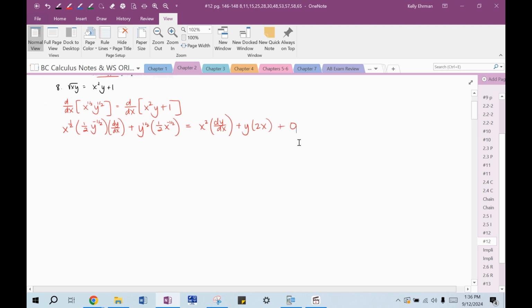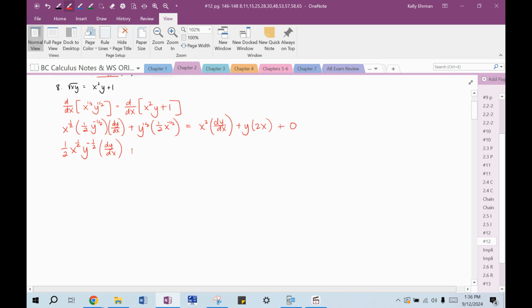All right. Our next step is to clean this up a little bit so that we can get our dy's on the same side. So let's see. I think I'm going to wait on the negative exponents. I'm going to keep them where they are. Yeah, that's what I want to do. Okay, so 1/2, x to the 1/2, y to the negative 1/2, dy dx.